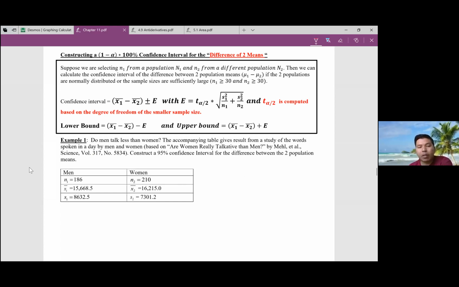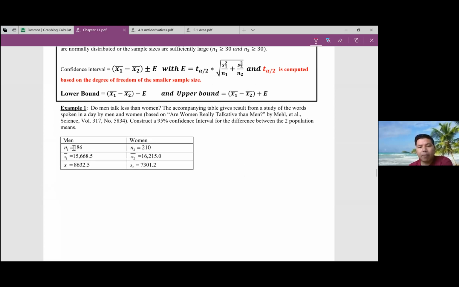chapter 11. On the left-hand side, the sample size for men is 186, and the sample size for women is 210. So you can see here, the number of words the men talk a day does not affect the number of words the women talk a day. So obviously they are independent from each other.